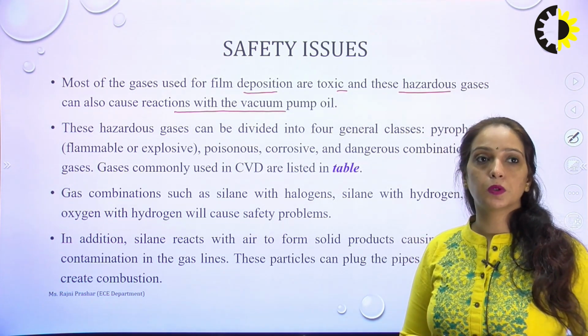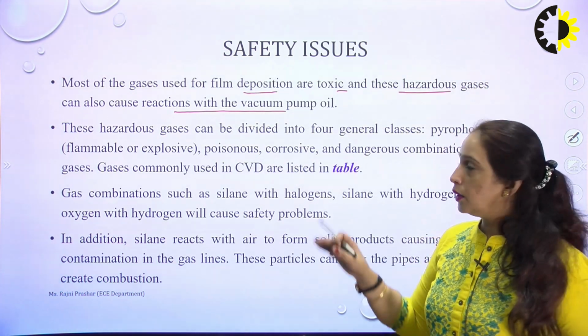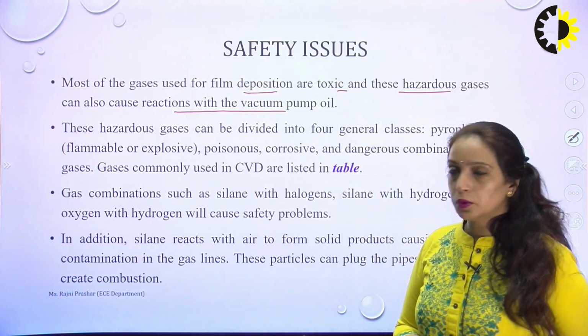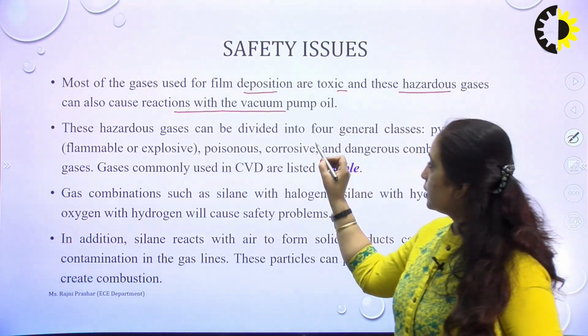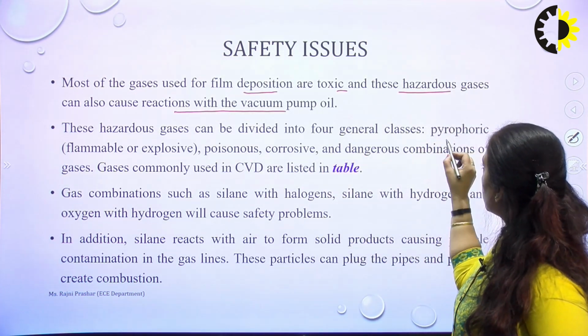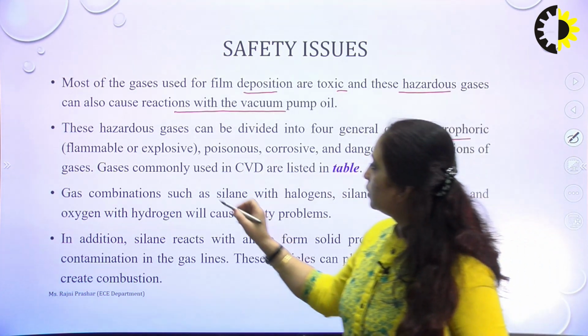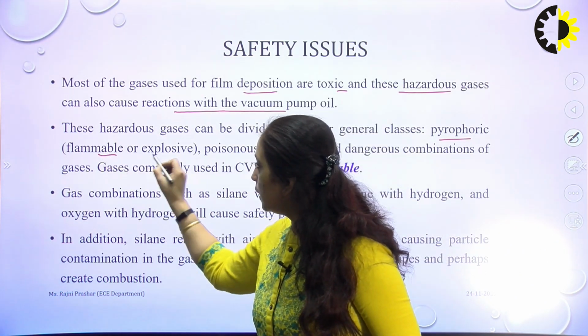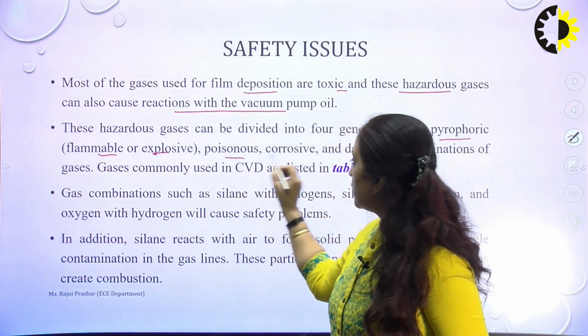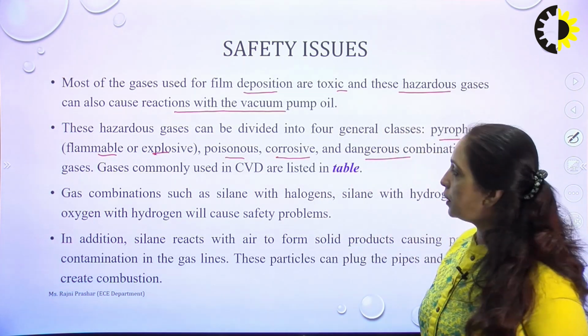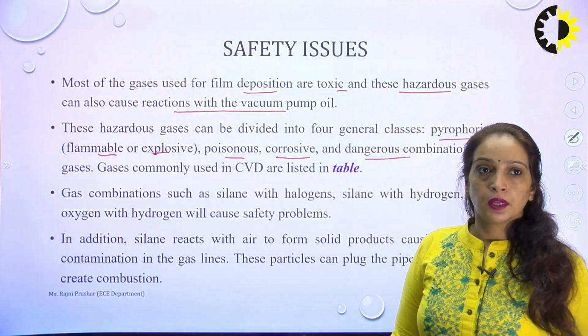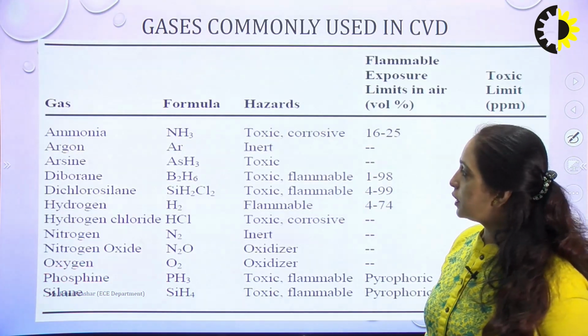That pump will have some oil, so the gases will react with that oil to give you hazardous gas. So these gases are divided into 4 categories. First one is the pyrophoric gases that are flammable and explosive, poisonous gases, corrosive gases, and the dangerous combination of all these gases.